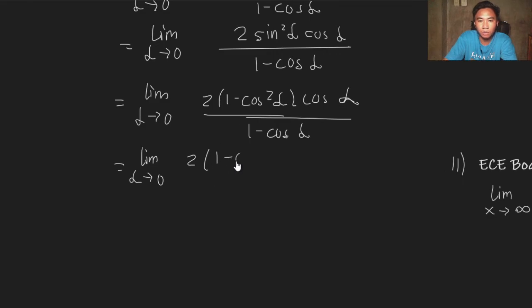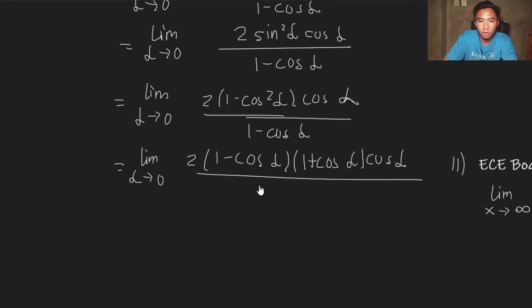It's 1 minus cosine alpha multiply to 1 plus cosine alpha times, ito, huwag natin kalimutan si cosine alpha, all over 1 minus cosine alpha. Yan. So, we can now cancel.